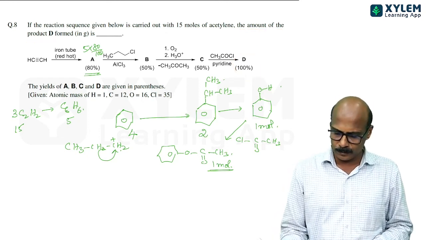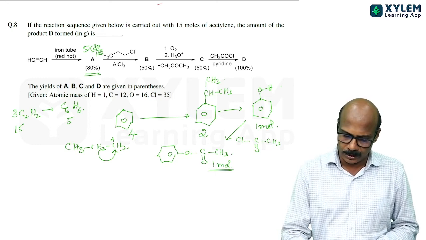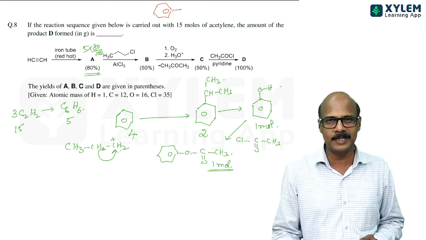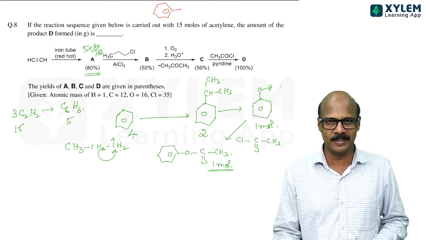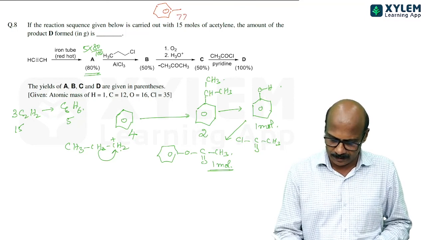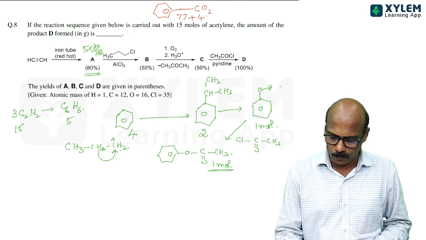What is the molar mass of phenyl ethanoate? You know, in phenyl ethanoate, the benzene ring is there. In benzene, the molar mass is what? 78. So the phenyl group should be 77. And there is the CO2 species, that means 44. Then there is CH3, that means 15.